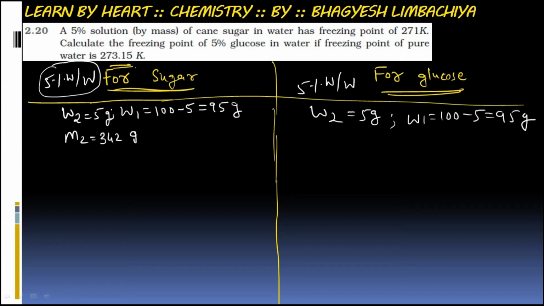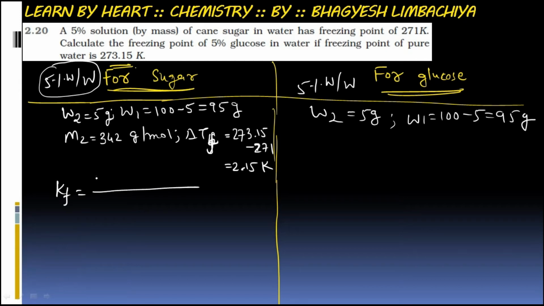M2 will be 342 gram per mole, and delta TF will be 273.15 minus 271. So by substitution we will get 2.15 Kelvin. Here Kf will be W1 M2 delta TF by W2 1000.